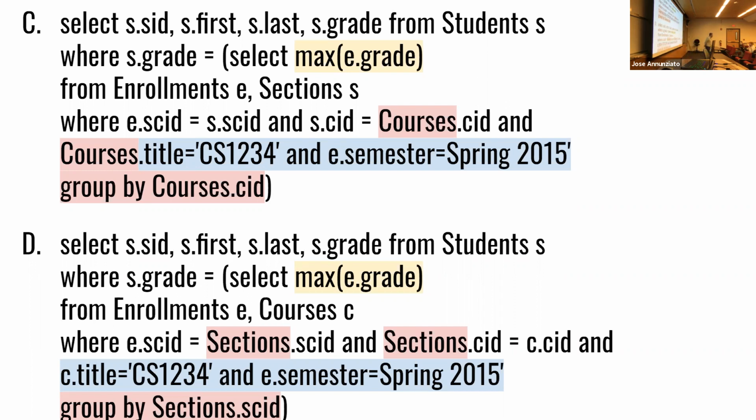It looks like students and sections are both being aliased to S. Is that possible? They are local, and it's in the from clause.